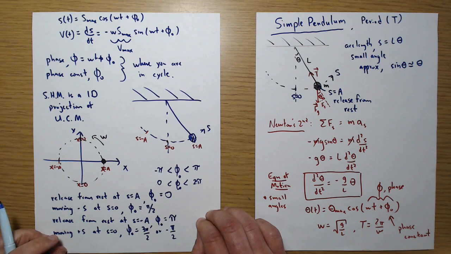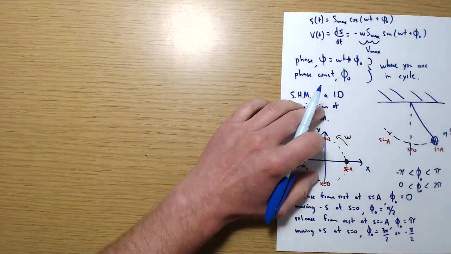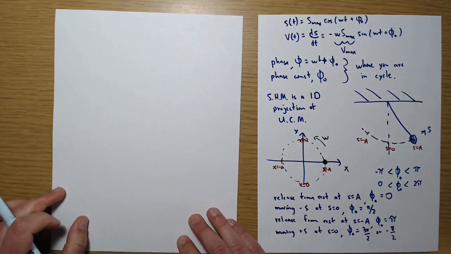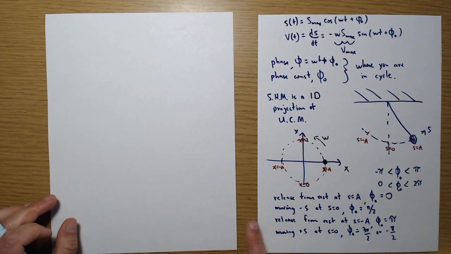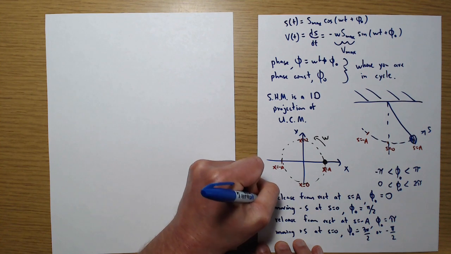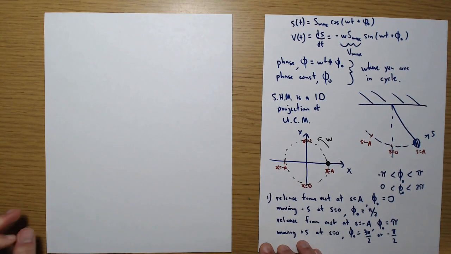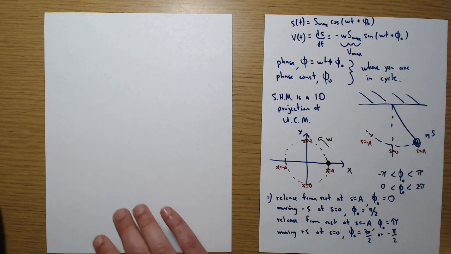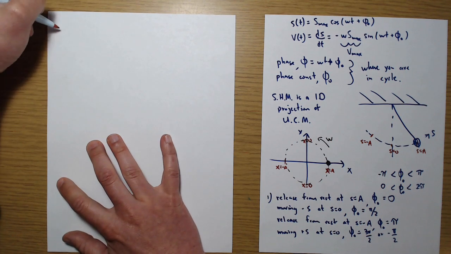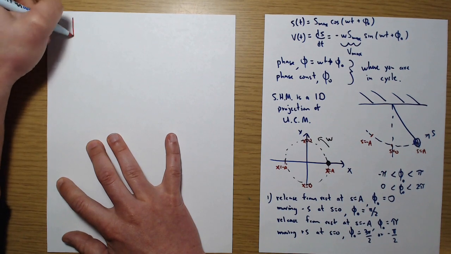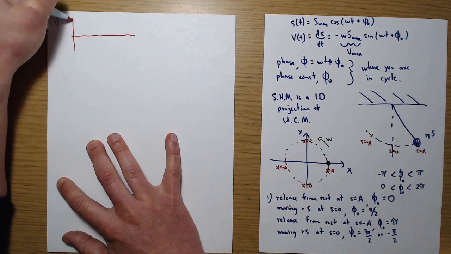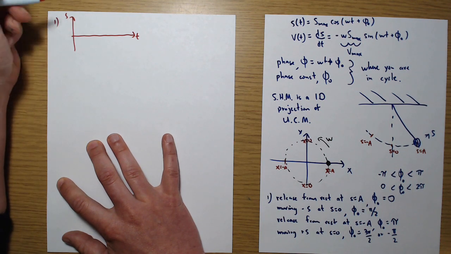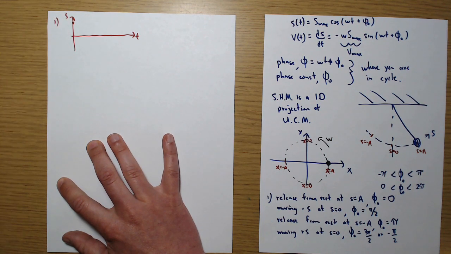So mathematically, what does this look like? Well, let's look at the very first example right here, which I'll call number 1. If I was to plot this motion, I would have s as a function of time. Well, it starts at s equals a.